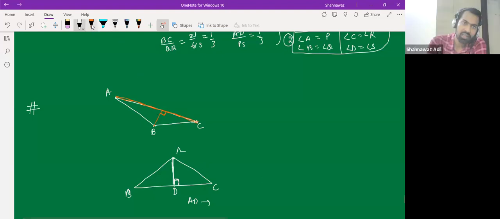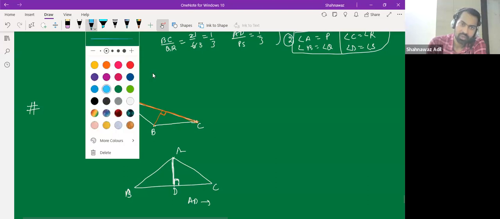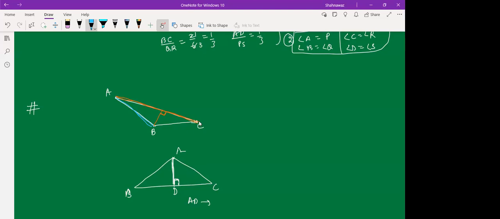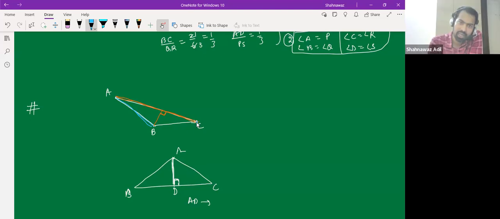And let's say if I choose this AB as the base, from where do I need to draw the altitude? Yeah, C. So I will choose this point, and can I draw a perpendicular on this AB in here?